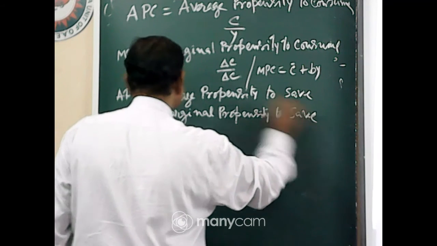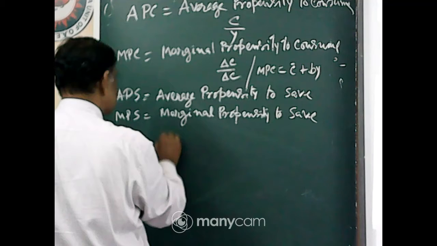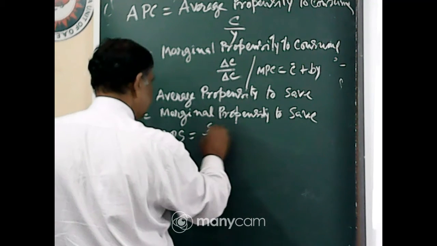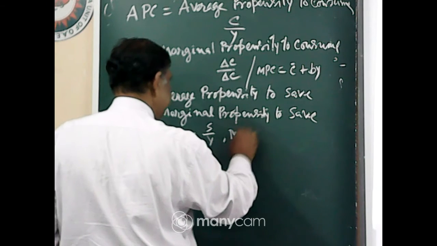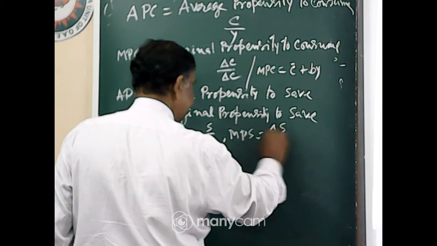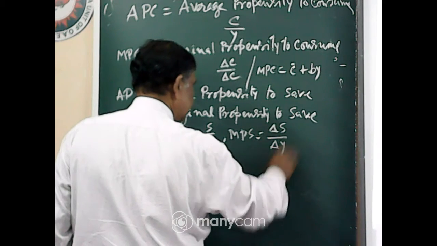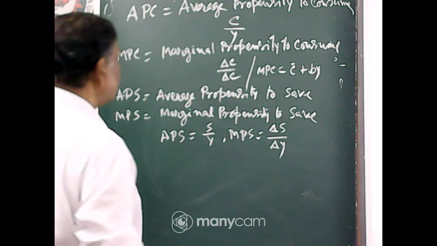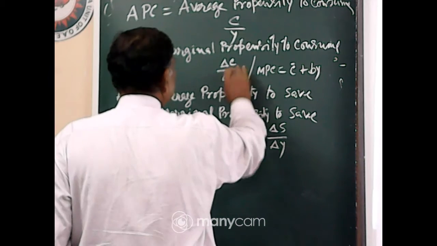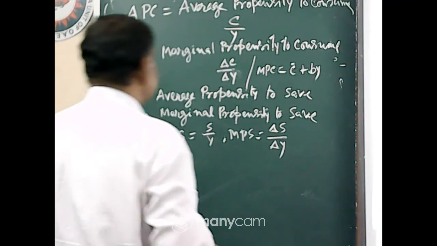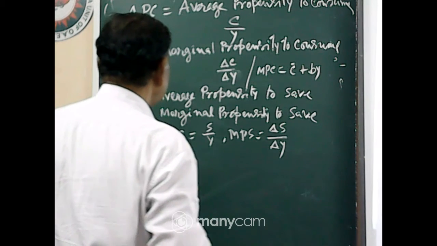These formulas are: APS is equal to S by Y and MPS is equal to del S by del Y. Now, how can you find out del C or del Y, etc.? Right?